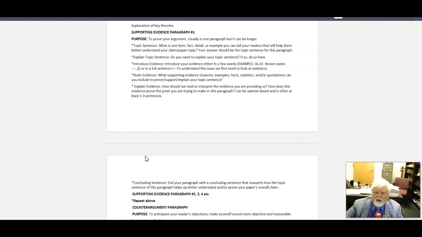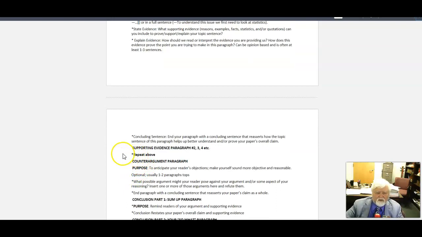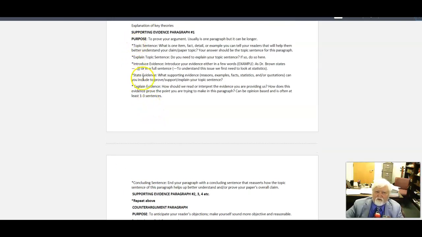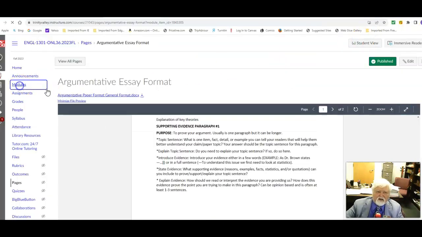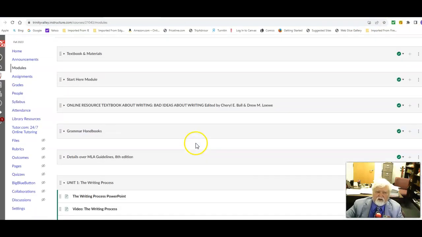Conclude that, wrap that idea up, and transition into the next one, and then what's called the shampoo method, rinse and repeat, or just repeat the same format for your next several paragraphs as this is structured. So that gives you an idea of how you structure your essay.